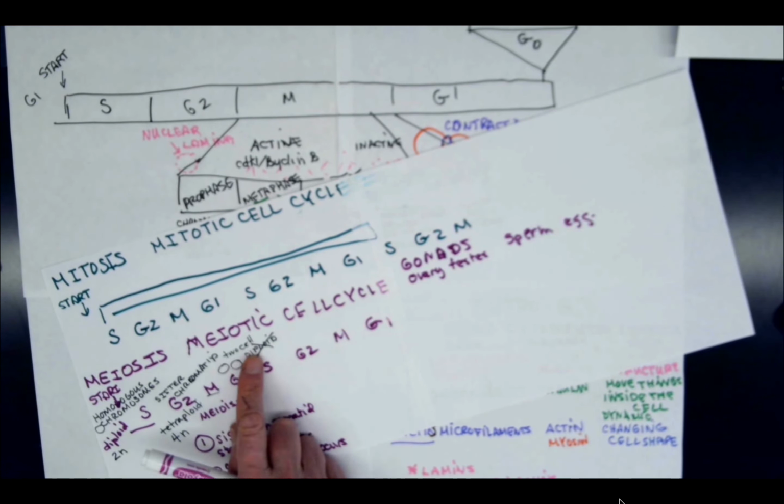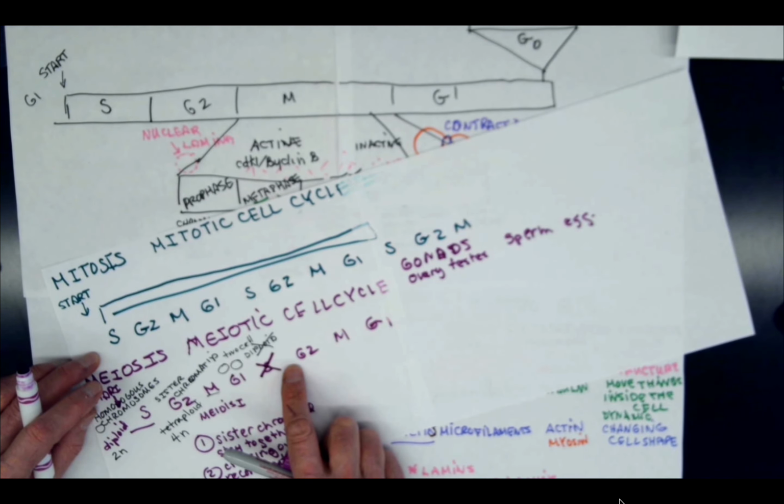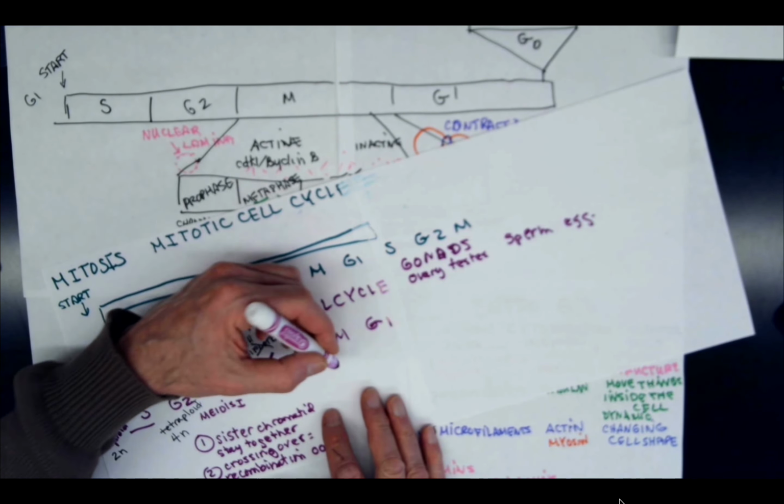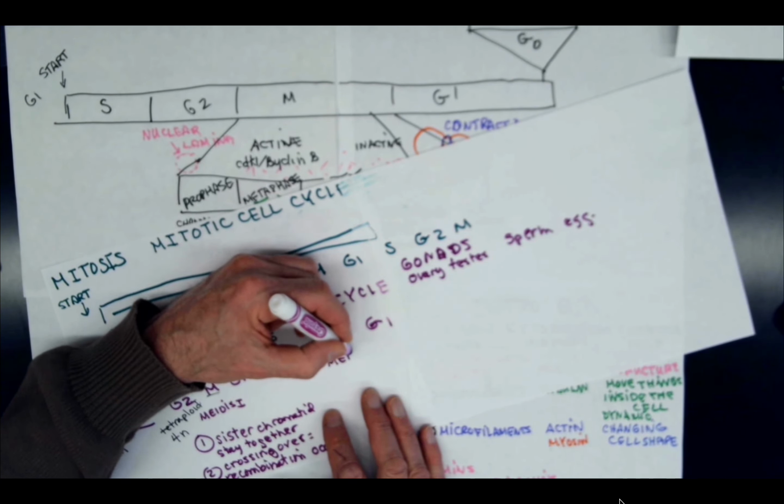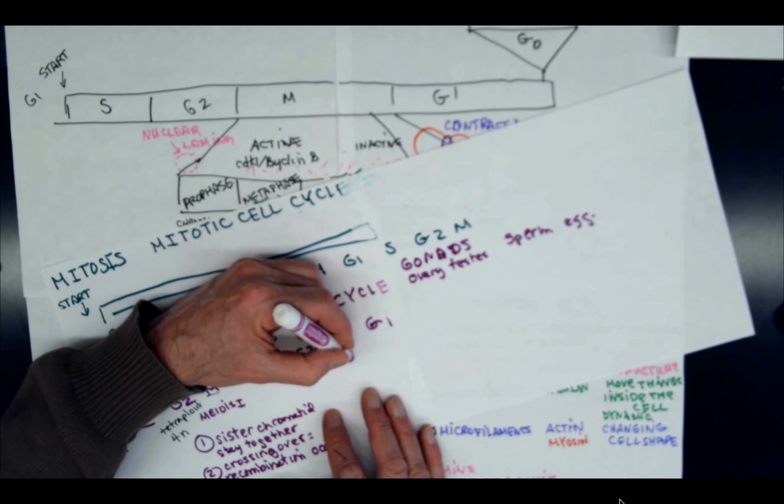Then here comes the next really big distinction between the mitotic cell cycle and meiotic cell cycle, and that is after meiosis 1, there is no S phase. So the cells simply go from G1 to G2, and then they go on into meiosis 2.